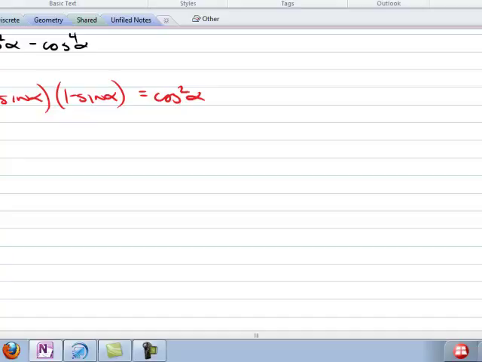Multiply them out? Okay, so we can do first, outer, inner, last. First, outer, inner, last. Davey, what are you going to do with that?